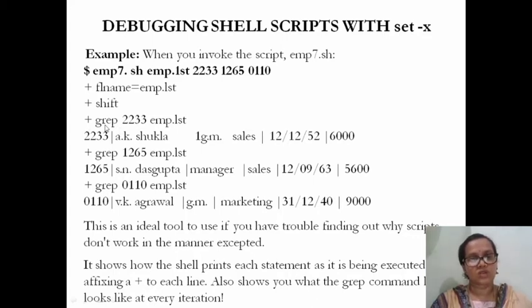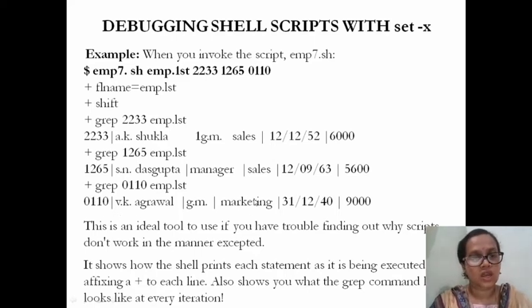If it says grep 2233 from the emp list, you can see the output over here. The next statement will give you the output like this. Each statement will be executed and it will show you the output of each statement when it is running. This is how you get to know the debugging session.